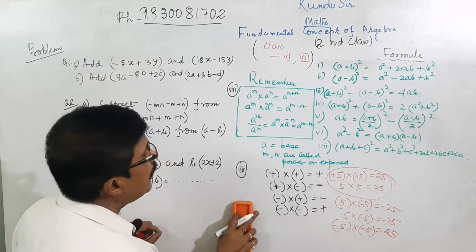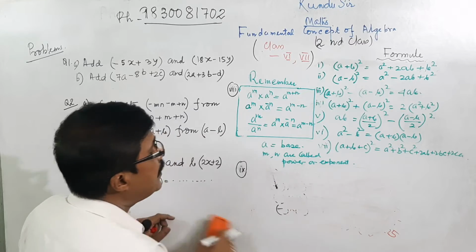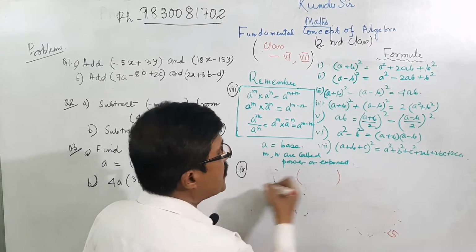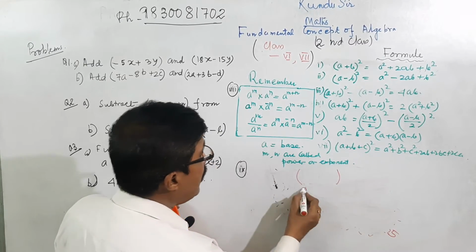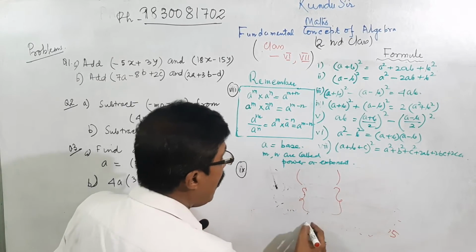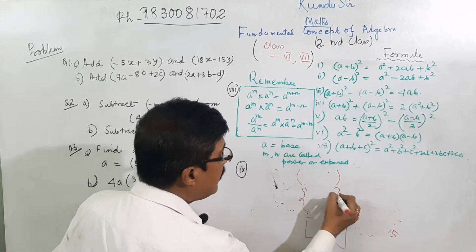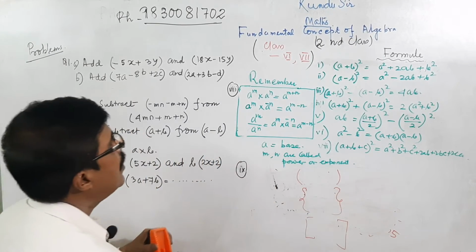Now I am giving some more idea about the brackets. This bracket is called the first bracket. It is called the curly bracket or second bracket. It is called the third bracket. First bracket, second bracket, third bracket.